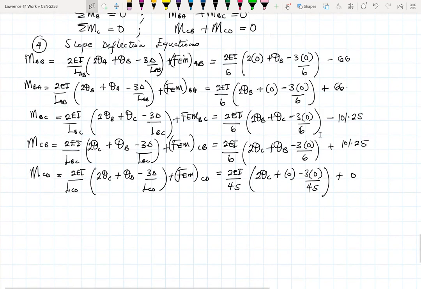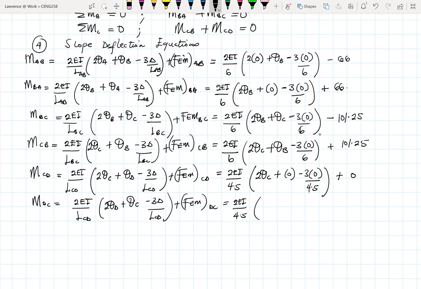Then you also write the last one, MD over LCD, delta of DC of 4.5, which is 0. Let me just put a 0 in there. Okay, so 2.5 plus 0. So these are your slope deflection equations. That is quite a lot.